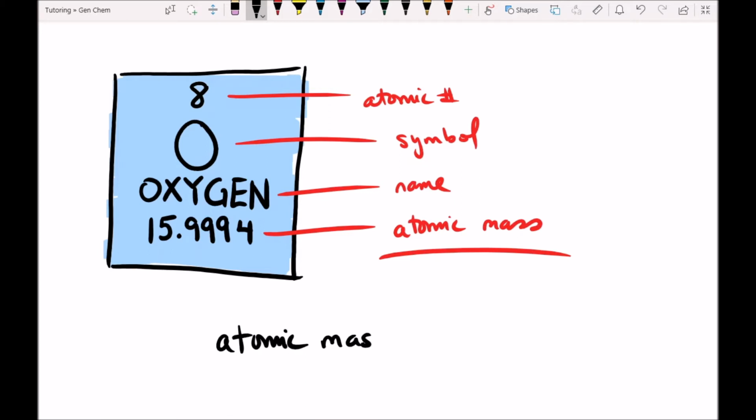So the atomic mass of an element is exactly the same as the molar mass in value. So the units differ, but numerically these are identical. So for oxygen, 15.9994 is the atomic mass.